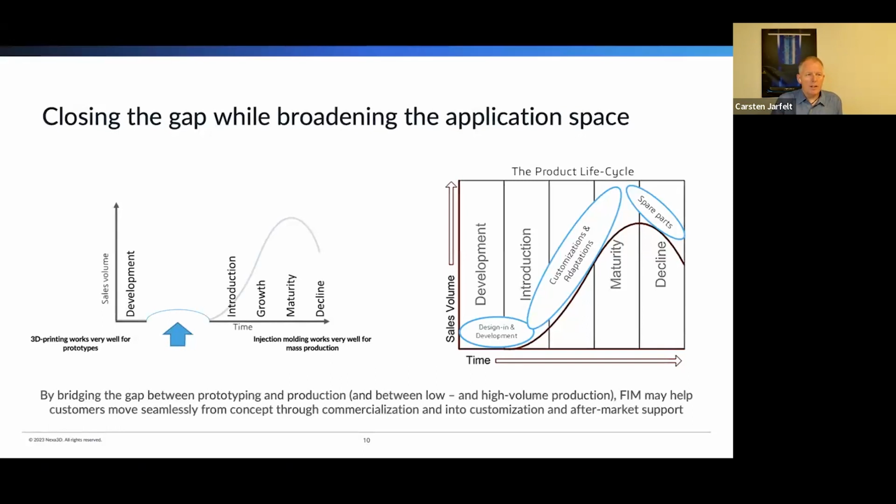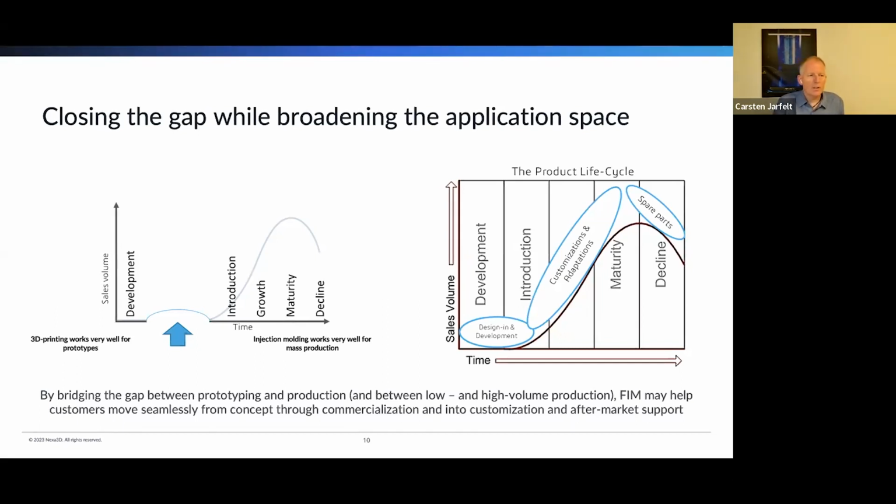So just to frame the space of what is printing, what is freeform injection molding, what is injection molding. If you look to the left on this visual here, there's a traditional product development cycle, and then there's a market product development cycle.